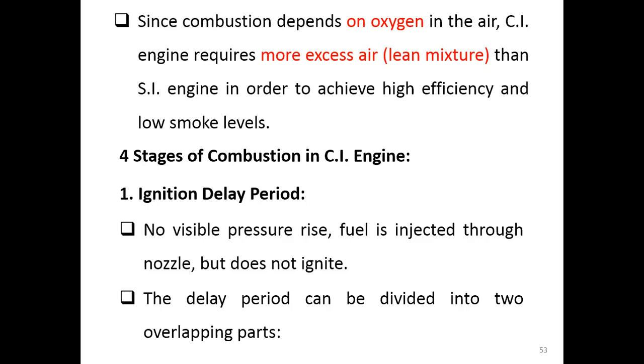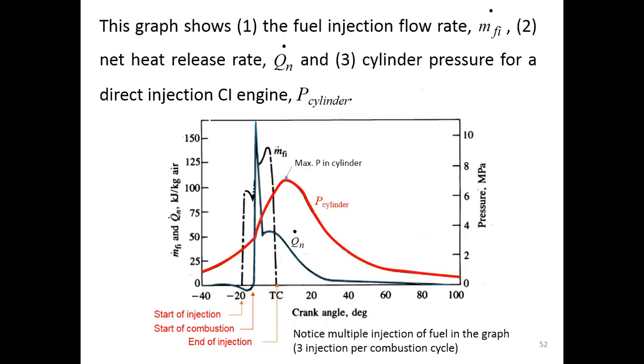The combustion in the CI engine has 4 stages altogether. For the SI engine, we have 3 stages of combustion, but for the CI engine, there are 4. The first is the same, but they call it the ignition delay period. This is where combustion still does not happen, just for a short time.